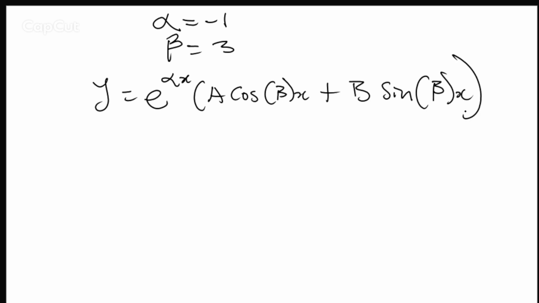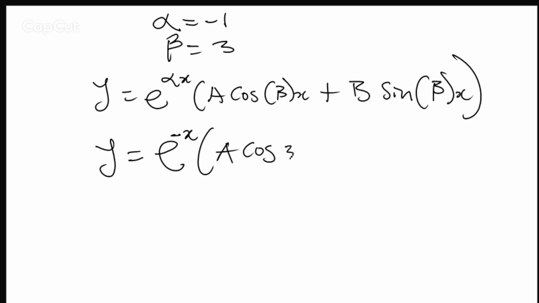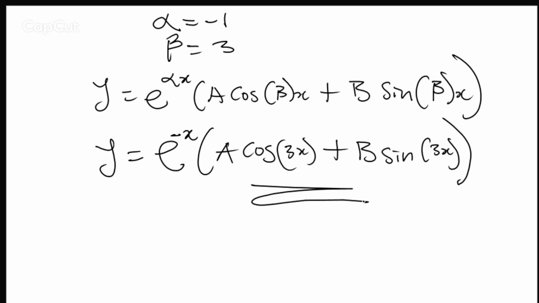So if we input our alpha and beta, we'll simply have y equals e to the power of minus x, into a cos 3x plus b sin 3x. Are we together? So this will be the equation you are asked to calculate.